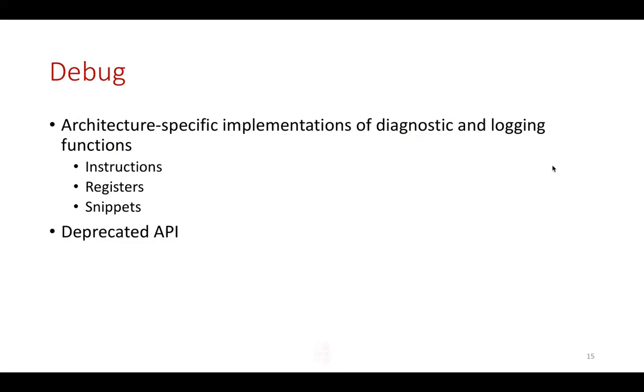So what we have to be able to provide are architecture-specific implementations for printing instructions and registers and snippets and any sort of architecture-specific stuff. That's not such a big deal, but it's a little bit tedious to do, and the API isn't great.